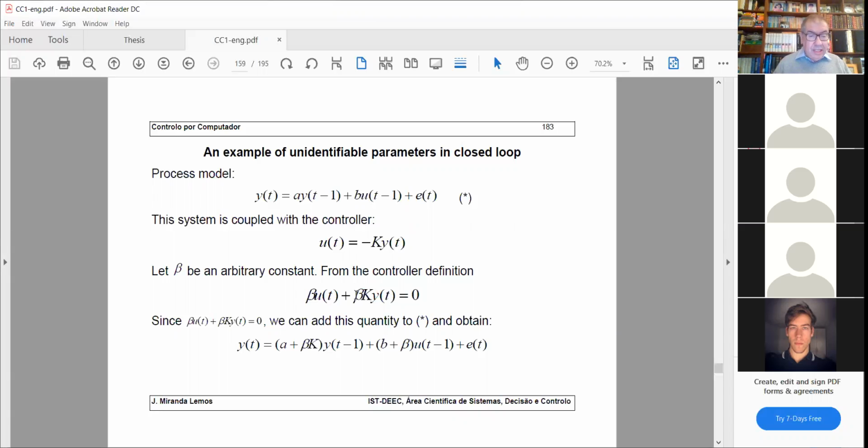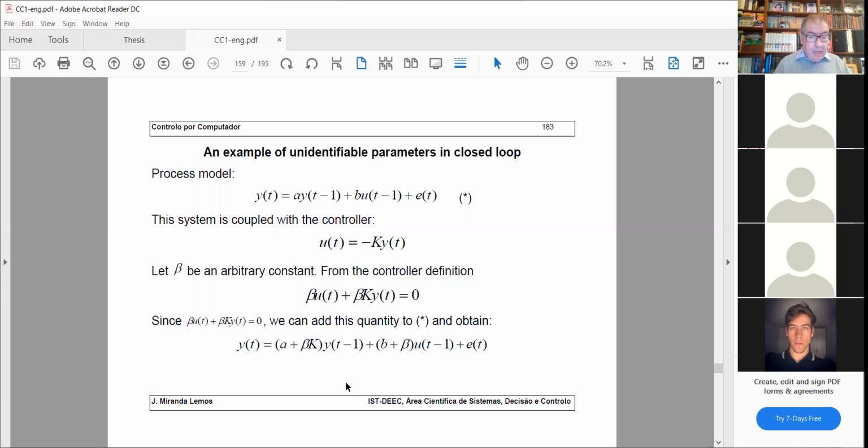Now, since this is zero, you can add it to both sides of this equation. So you add 0 to Y and you get Y, and you get beta U plus beta KY on the right-hand side, and you get this expression here.